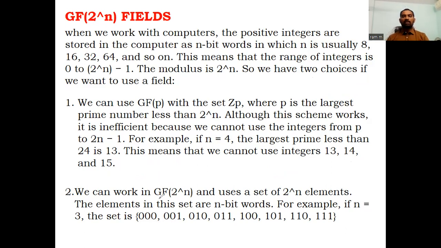So GF of 2 power n uses a set of 2 power n elements. The element set are n-bit words. For example, if you take n is equal to 3, I can represent them like this. So this is how we go for the representation of GF of 2 power n fields.